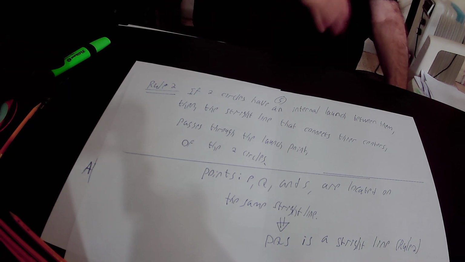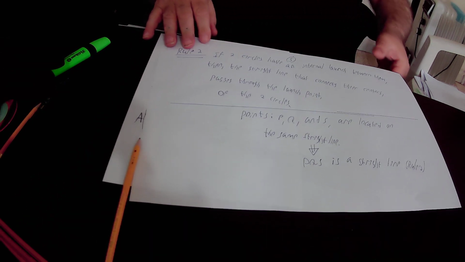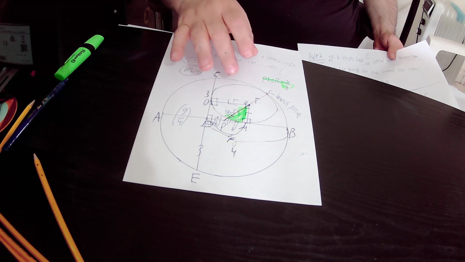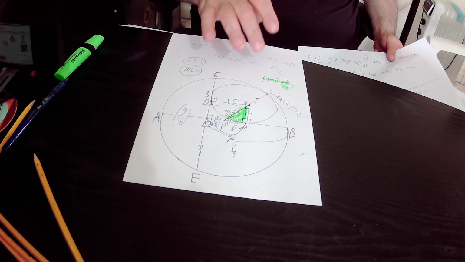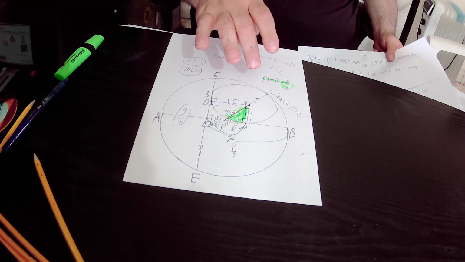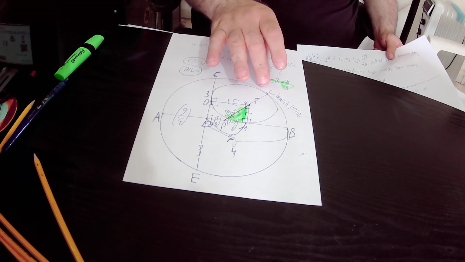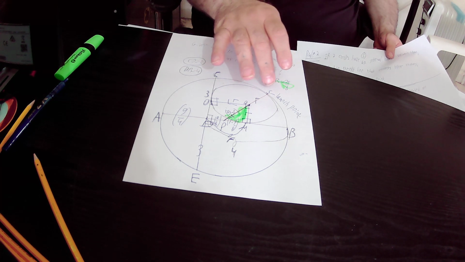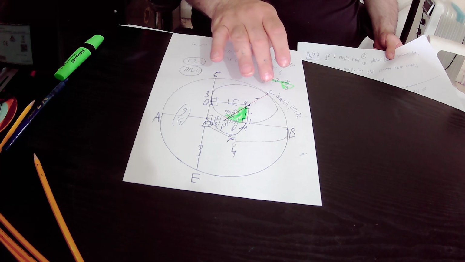So what is the meaning of rule number 2? In our specific drawing, the small circle is located inside the big circle, and those two circles have an internal notch between them at point S. Point S is the touching point of the small circle with the big circle.